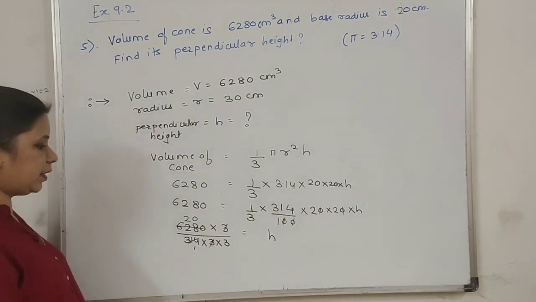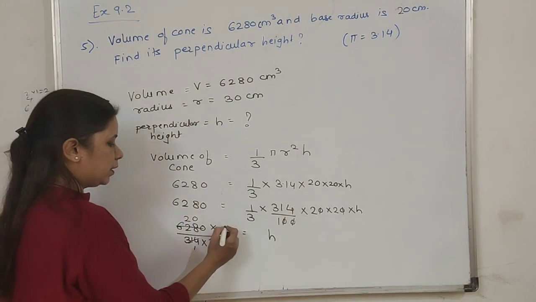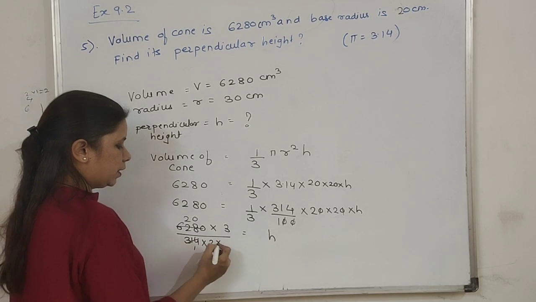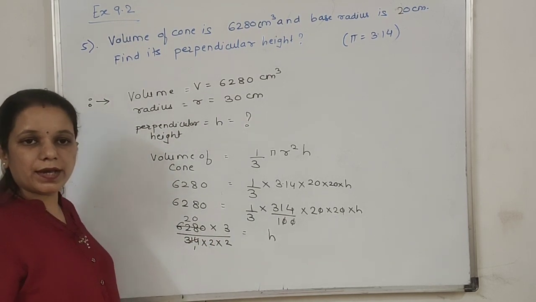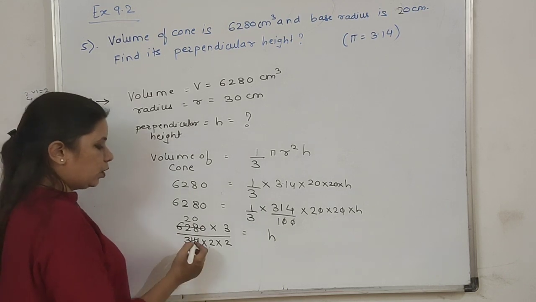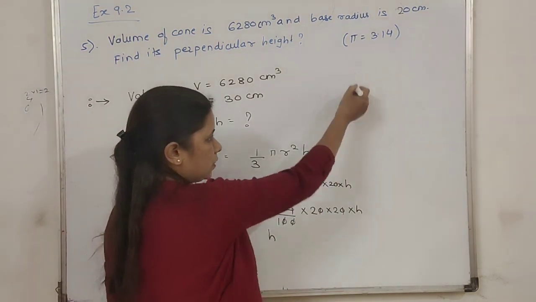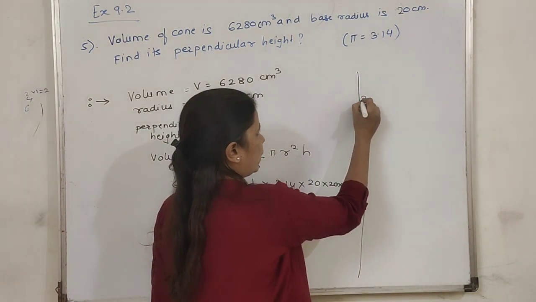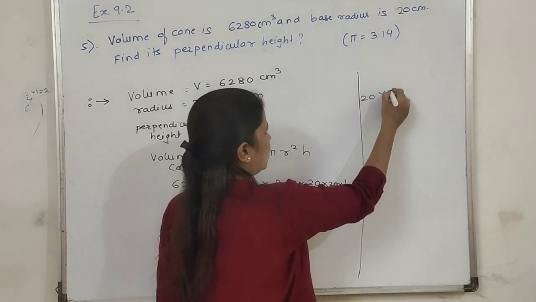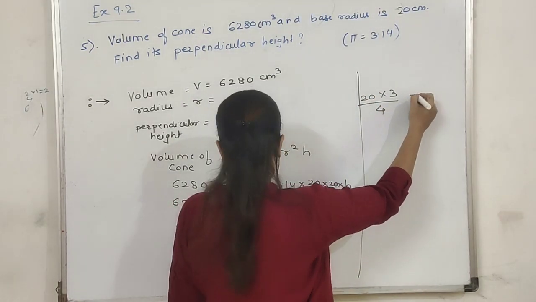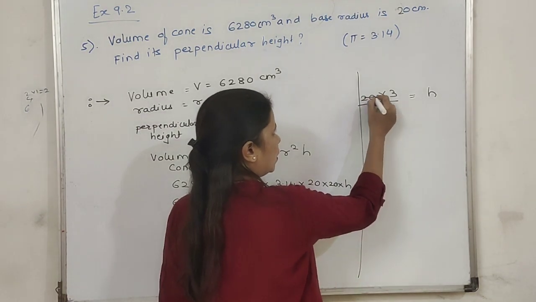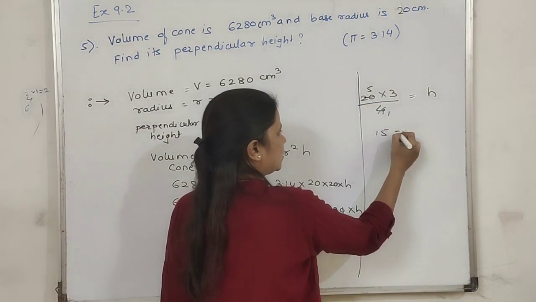So here it will be into 2 into 2. Okay. So here when you perform this calculation, 20 into 3, I'll just write it down this side, 20 into 3 divided by 4 is equal to h, and then 15 is equal to h.